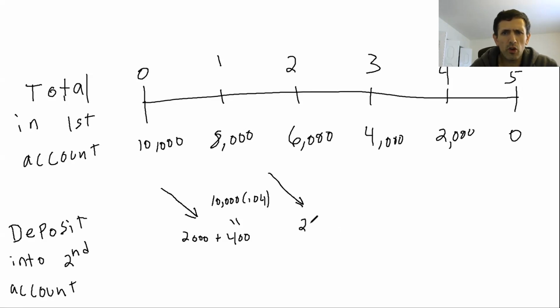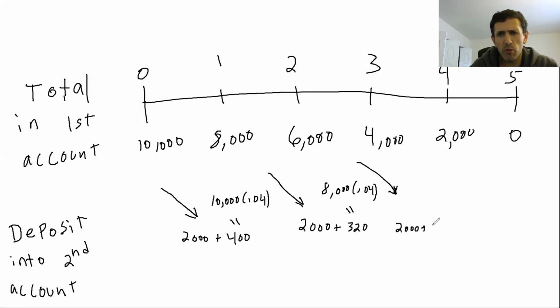So you deposit the 2,000, and 8,000 times 0.04 is just 320. And you just repeat the pattern. I'm going to have to squeeze this in, but I think I can do it. So it's 2,000 plus 6,000 times 0.04, which is 240.